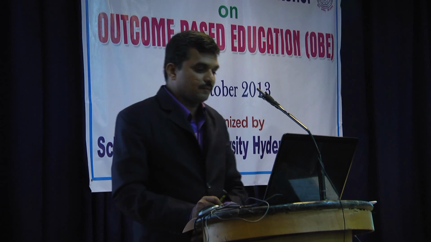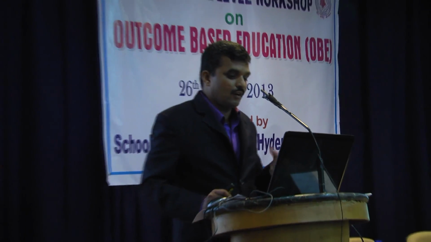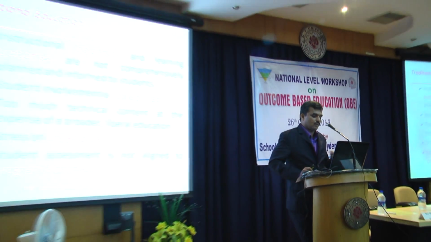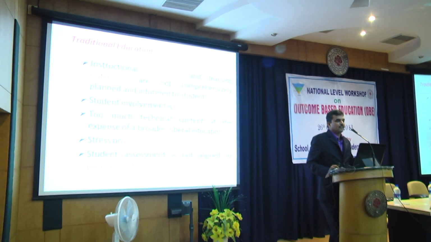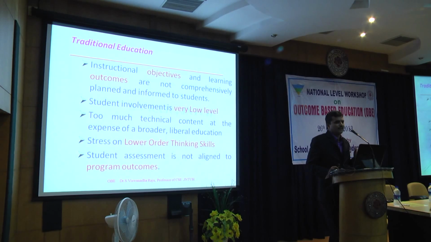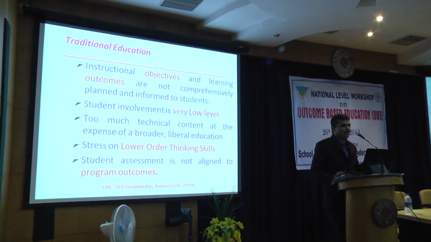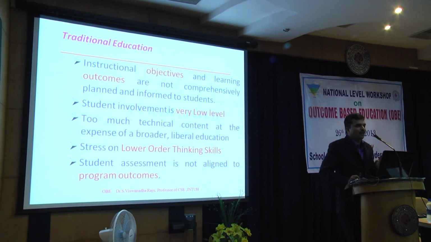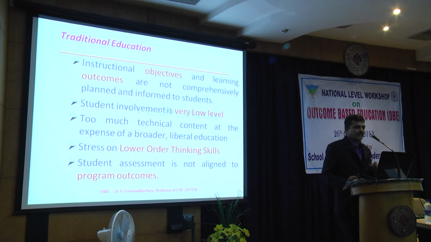You see, instructional objectives and learning outcomes are not comprehensively planned and informed to students. Just we are writing the lesson plan and topics to be covered, what topics we have covered. Those two columns we are maintaining now. So what we need to do? We have to write objectives and outcomes also.